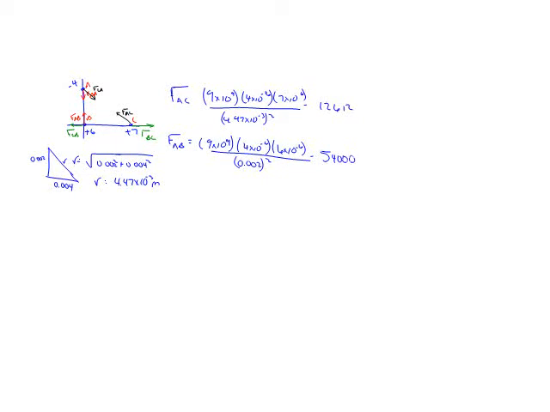And the last one, between B and C, 9 times 10 to the 9. B is 6 times 10 to the negative 6. C is 7 times 10 to the negative 6. And this is 0.004 squared.